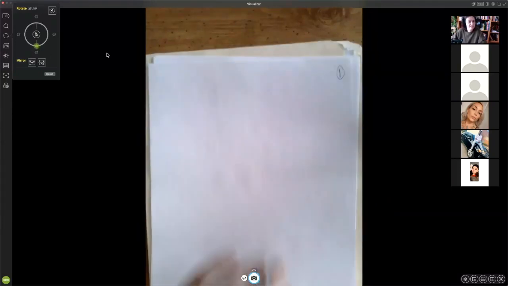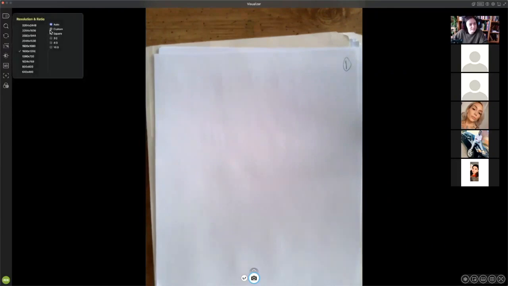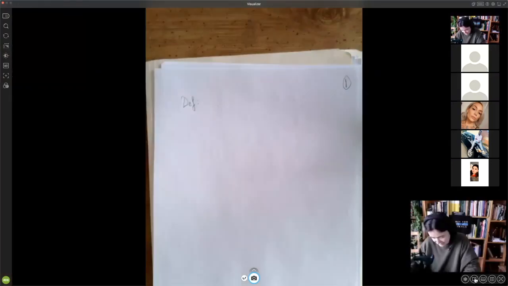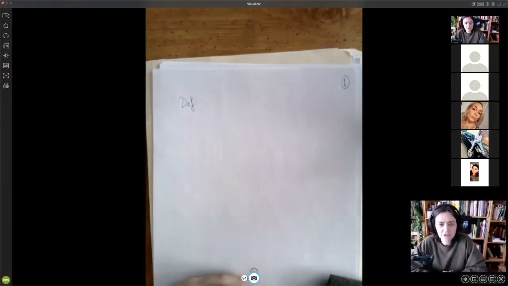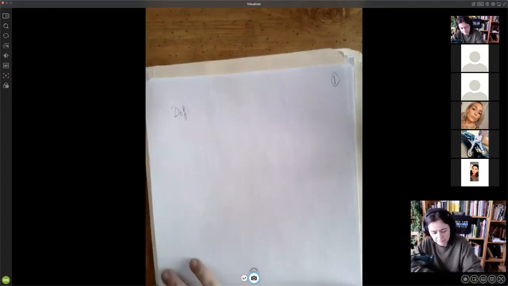Okay, so last time we defined what a rational number is. We defined a rational number to be one that we can write as a quotient of two integers.